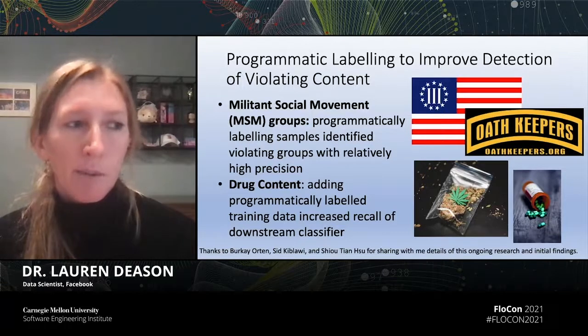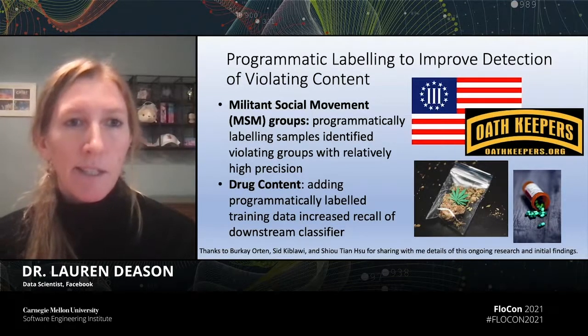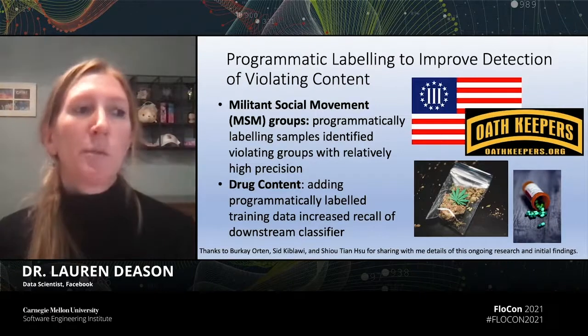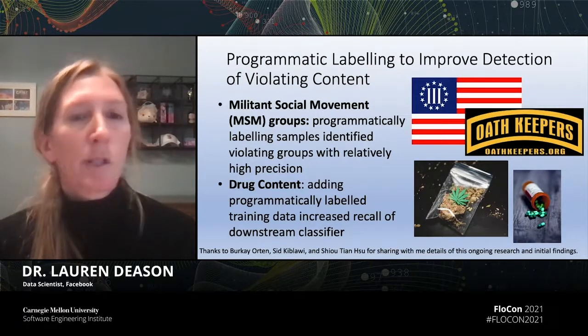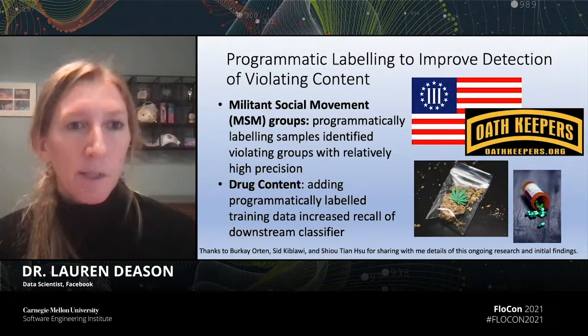So in both of these problem spaces, there's a need to automatically detect content or actors who are posting content that violates these policies. And as I mentioned before, this can be a difficult problem because of the need for large volumes of labeled data.